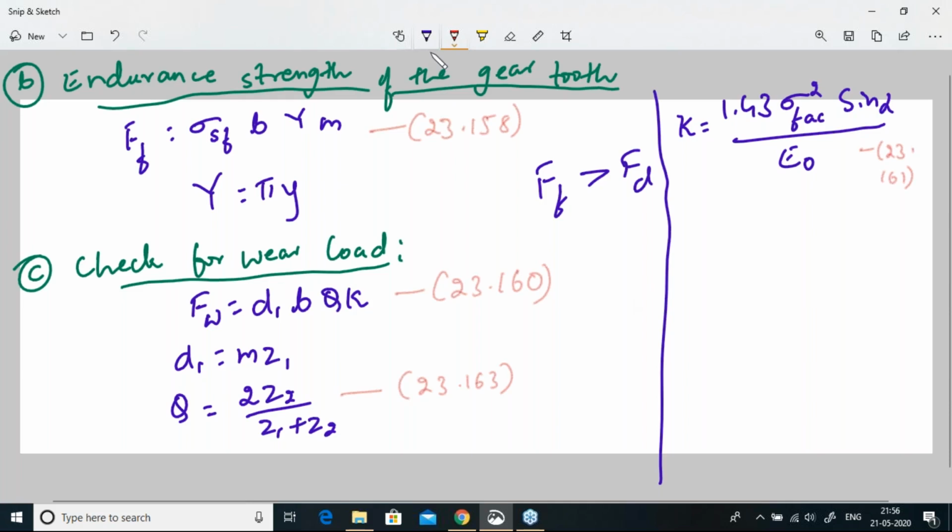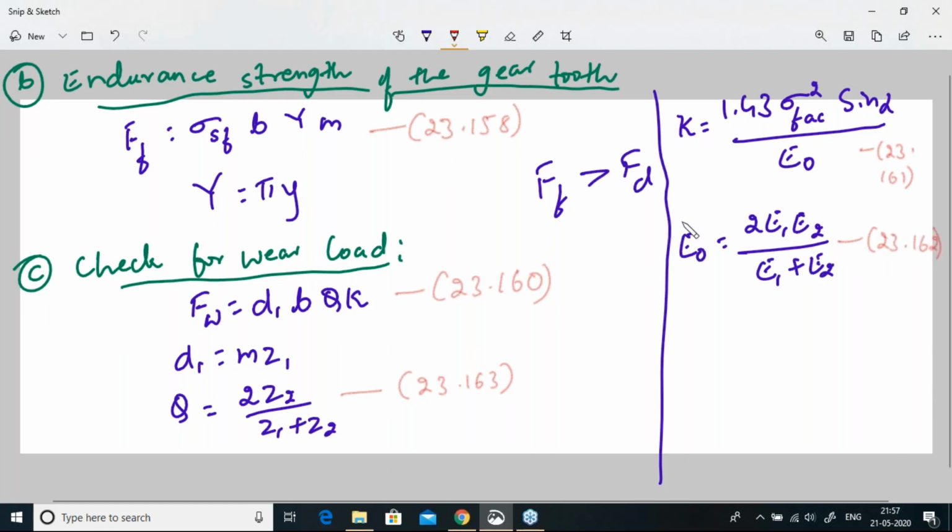Here E naught is called as equivalent Young's modulus. It can be calculated with the help of equation E naught is equals to 2E1 E2 divided by E1 plus E2. So this equation number 23.162.